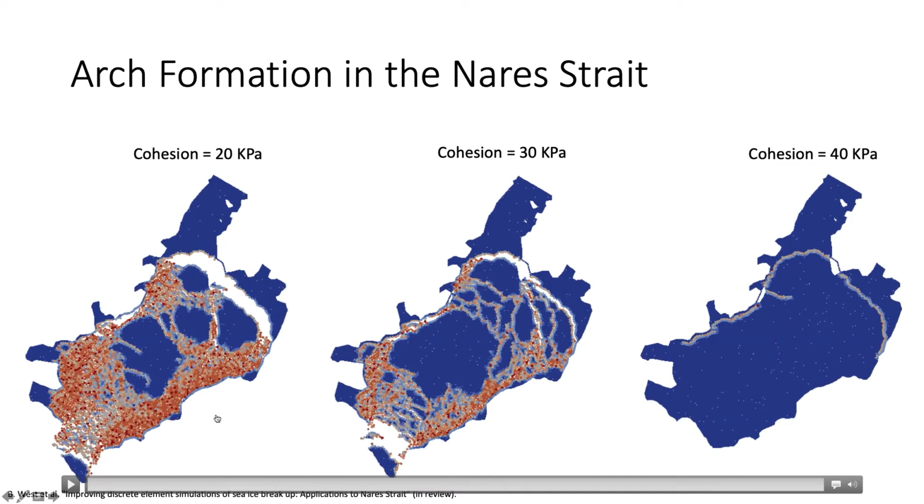This is to be expected, but what this is showing is that the strength of the ice here, either through this cohesion term or thinning of the ice, would obviously have influence over how the ice flows out of the channel and the stability of the arches that might be able to form.